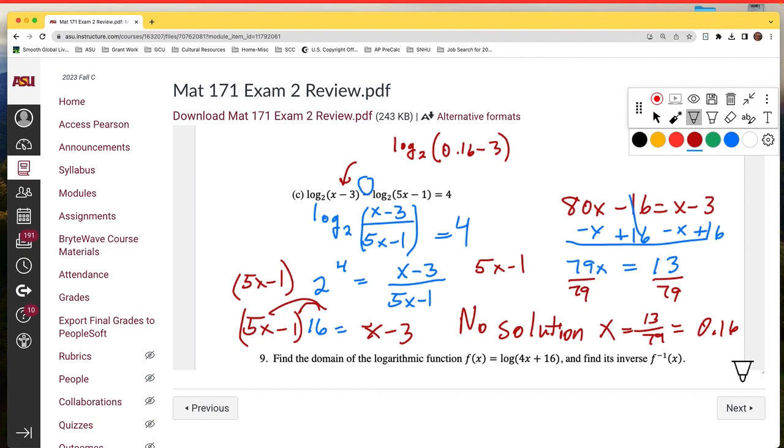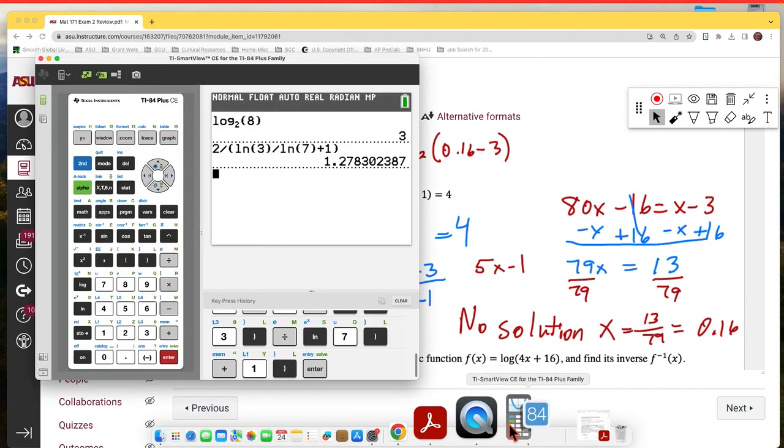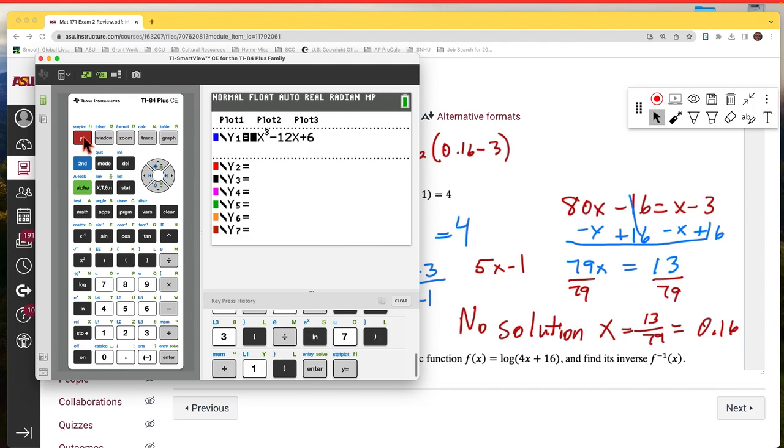Let me show you one other way of doing this. Any equation, you can graph both sides. One is y1 and one is y2, and then what you're looking for is where they intersect. What we'll see here is when we look at the two graphs, we won't see any intersection. So let me pull up the graphing calculator. Let's go to y equals.